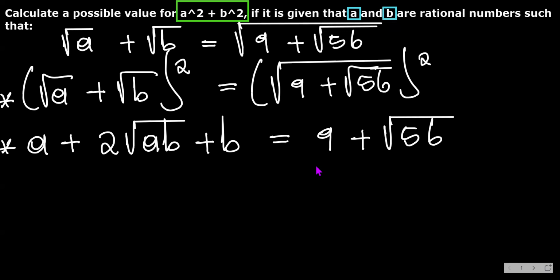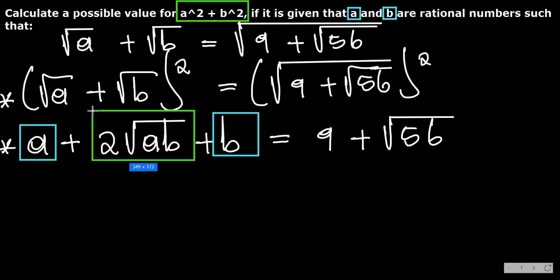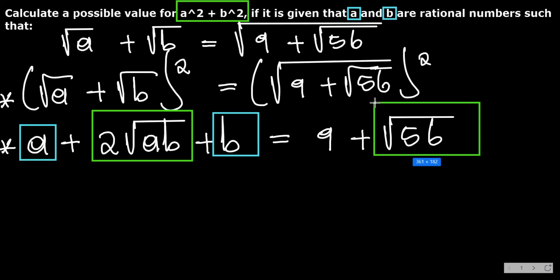So now we have 9 plus square root 56 here. Let's see. We can be smart about this. Let's say we decide to group these two and take a and bring it closer to b there. And since we can see the square root here, let's try to see if there's a relationship between those two square roots.